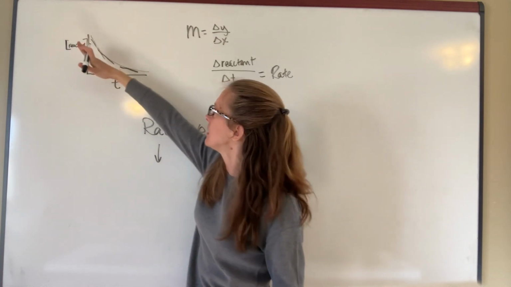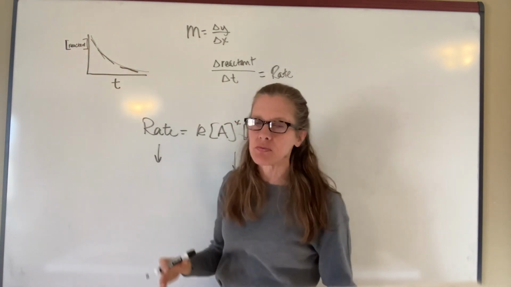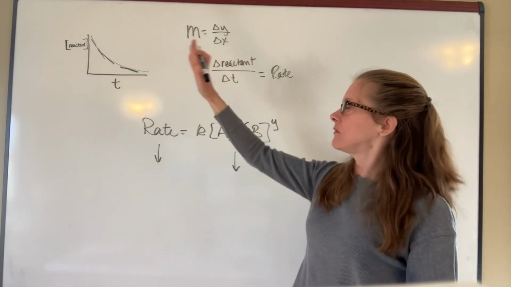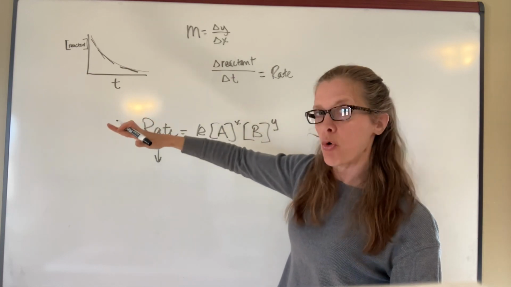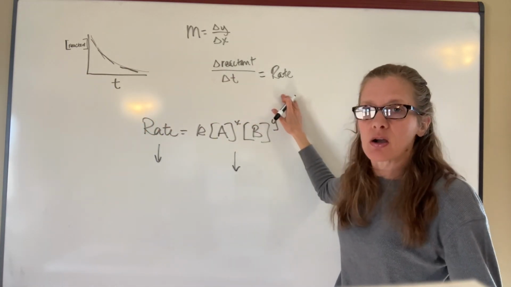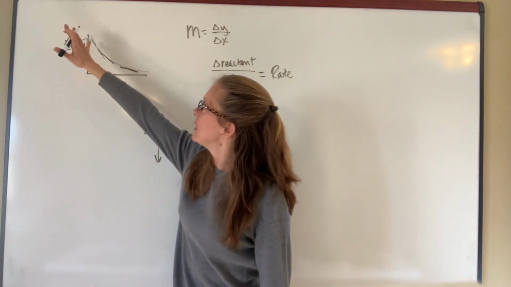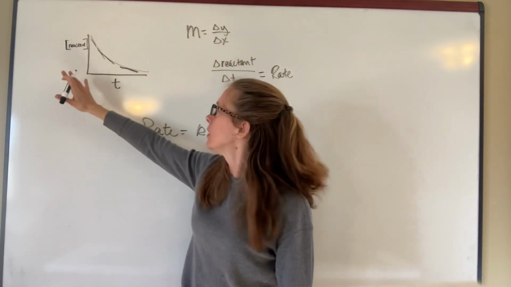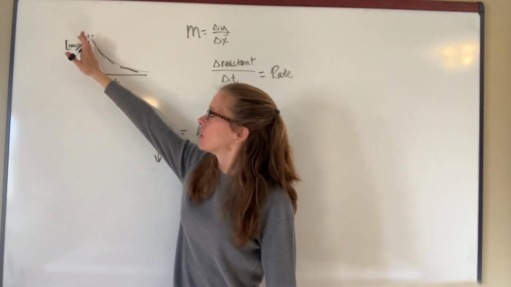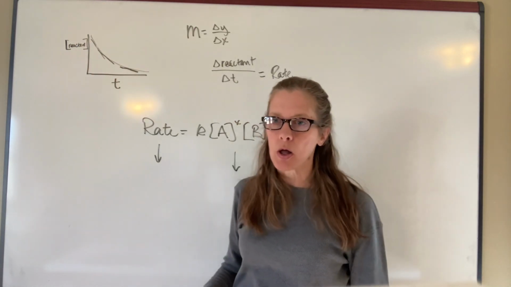Well, what's happening to every single one of those? As the line goes from being very highly vertical to much more horizontal in nature, you can see that the rate is going to go down, because you've got a very big number divided by a very small number, and here you've got a small number divided by a big number. So it starts out big, gets smaller and smaller as you go along.